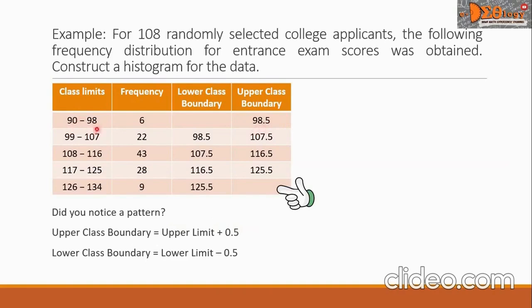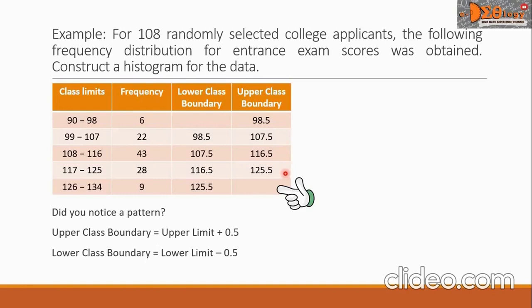It's like the 98 plus 0.5 will give the upper class boundary, which is 98.5. The same is for 107.5, that is 107 plus 0.5, we will get this value. And that is also true for this 116.5 and also for 125.5.